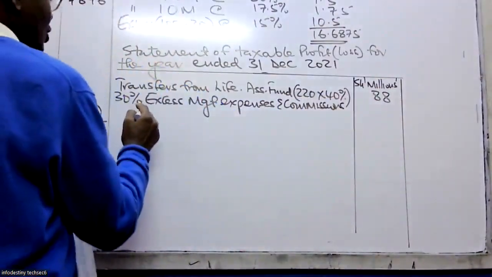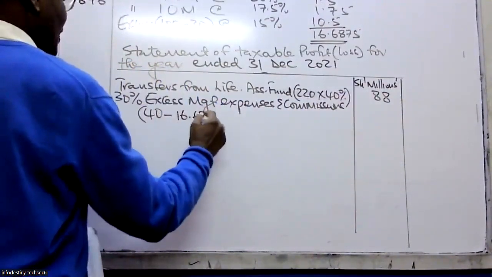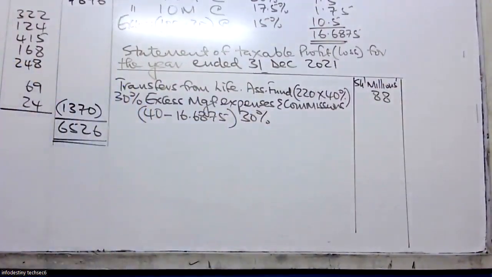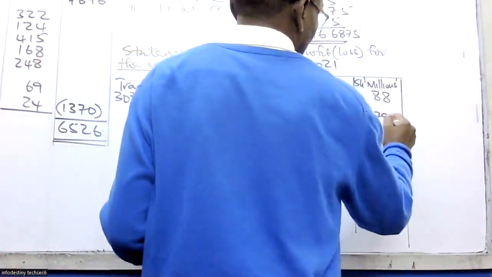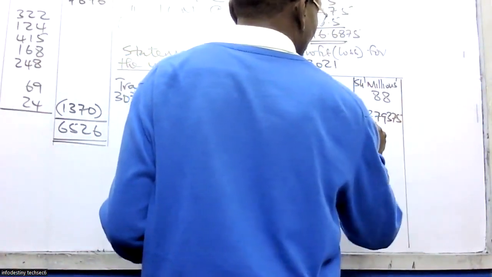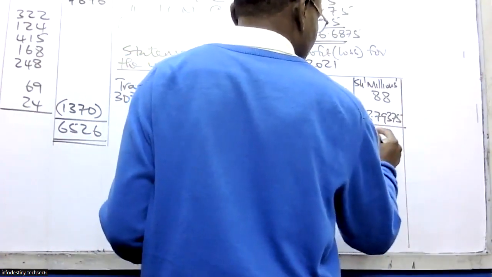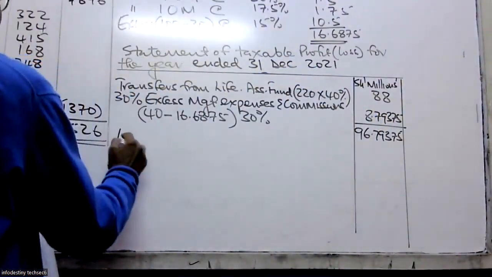The excess is 46 million minus 16.6875, multiplied by 30%. That is 8.79375. So you add to get total income of 96.79375.